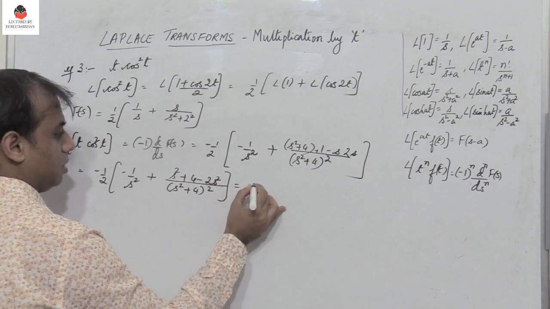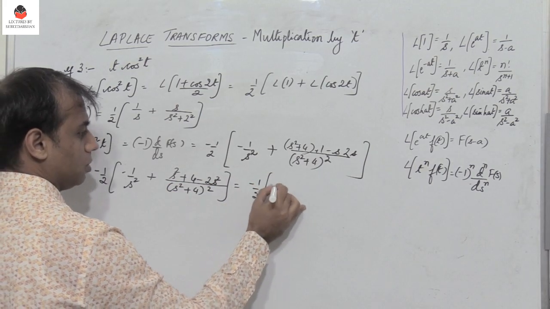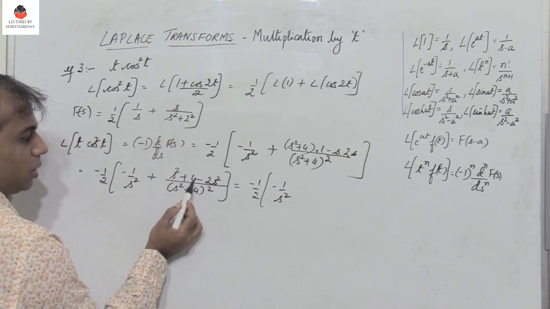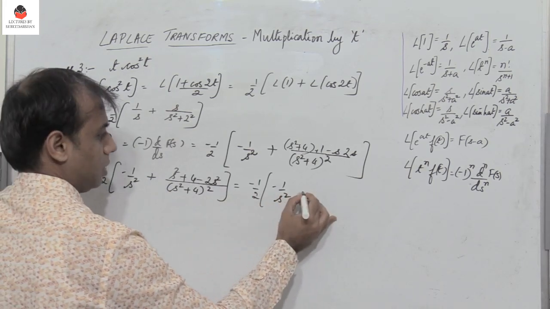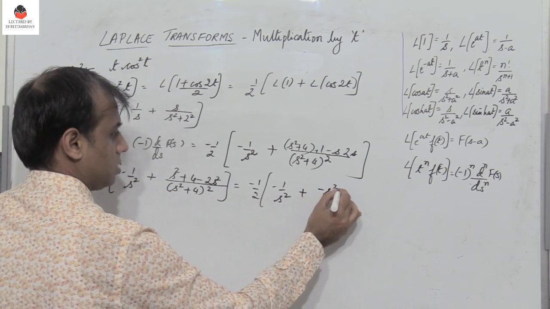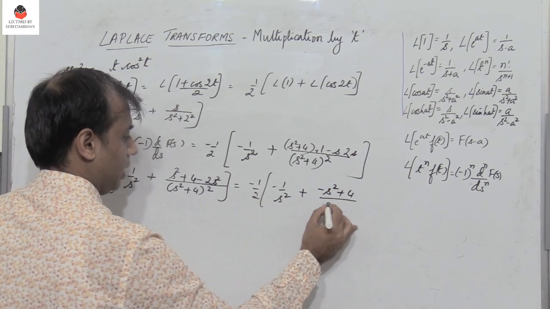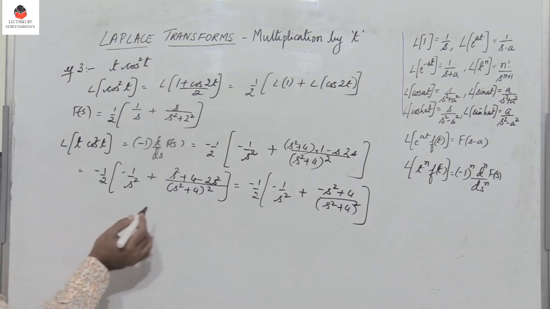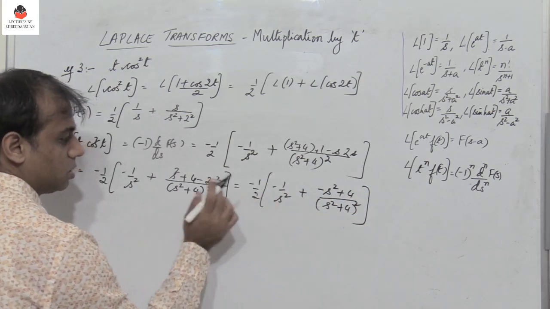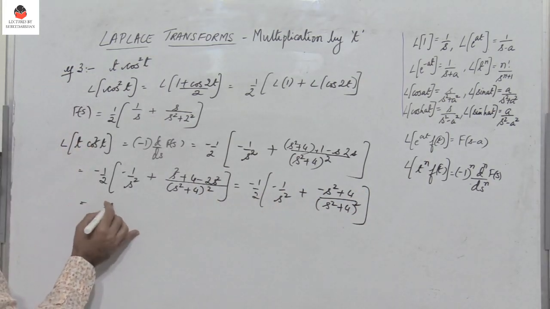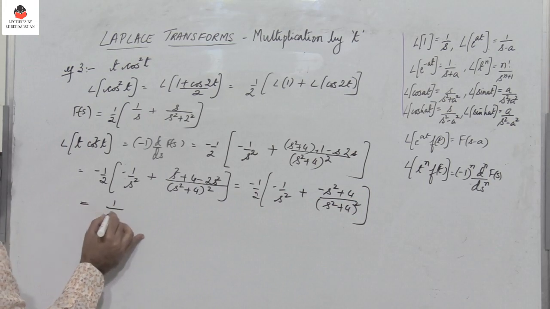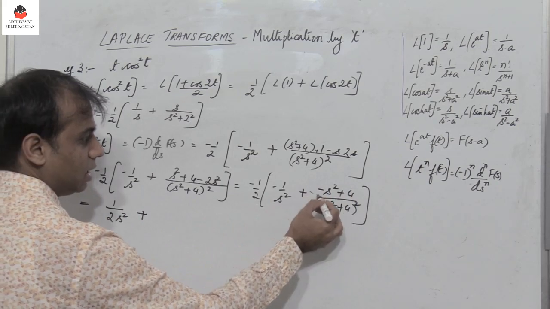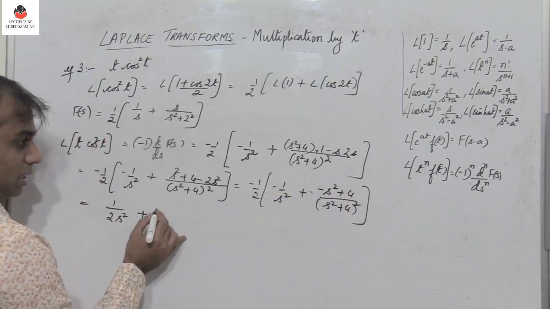So this is minus 1 by 2 minus 1 by s square. So you have minus s square plus 4 divided by s square plus 4 the whole square. So now multiply both the expressions with minus 1 by 2. So we get 1 by 2 s square plus, so this entire expression I am multiplying with minus sign.